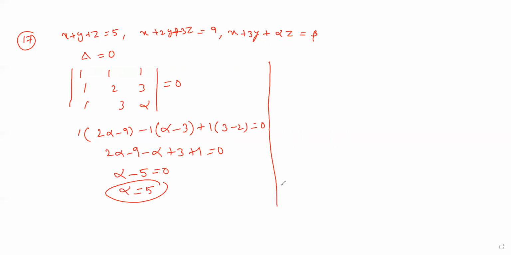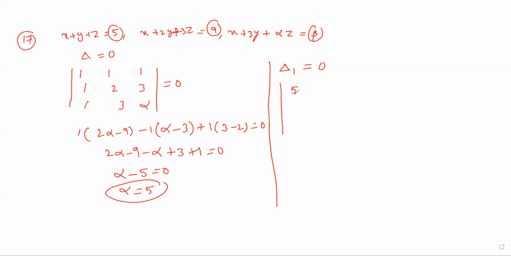And for infinitely many solutions, delta 1, delta 2, delta 3 must all be 0; any one term, that is delta 1, nothing but any one is non-zero, but the remaining are 0. That's why I am taking delta 1 also 0. What is the meaning of delta 1? In the delta, in the first column, replace with the last constants.